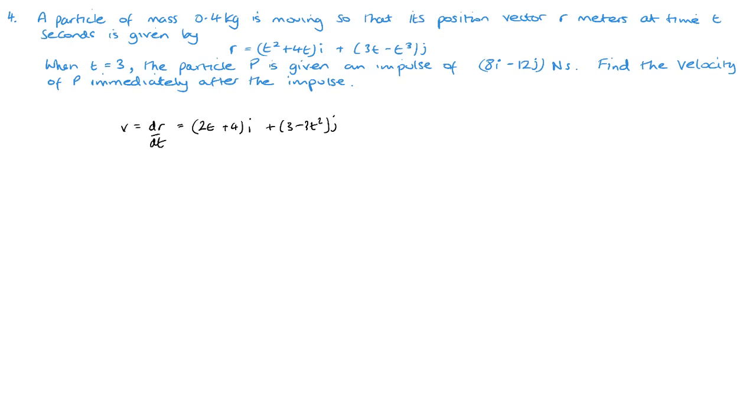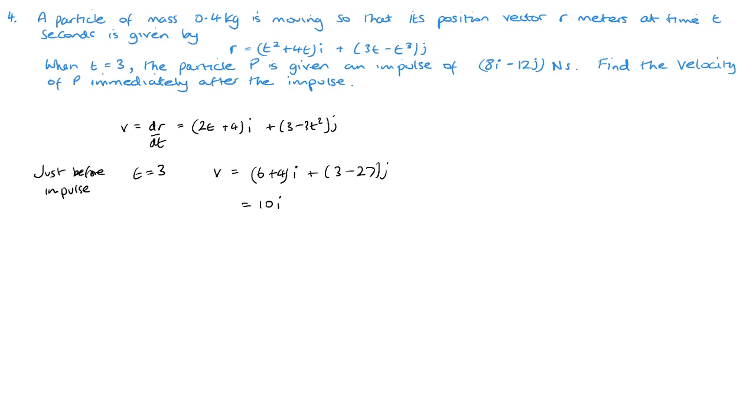Okay, now let's look at the velocity just before the impulse. So when t equals 3, then it gets an impulse. So just before impulse, t equals 3, so the velocity is 6 plus 4 i plus 3 minus 27 j.